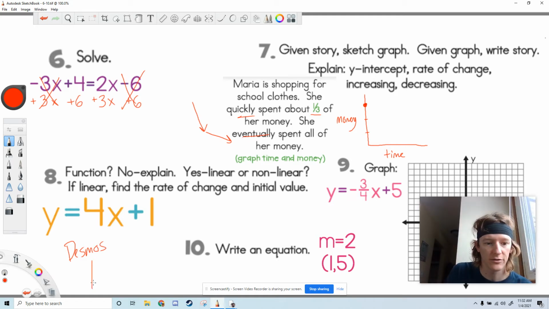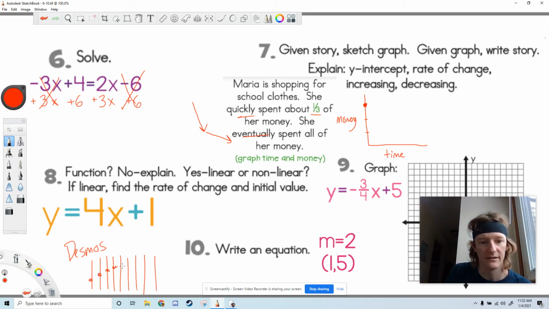And remember, if you can draw vertical lines and only ever hit one spot, then it's a function. But if you ever hit more than one time on your line, then it is not a function. So think about your vertical lines on this picture here.